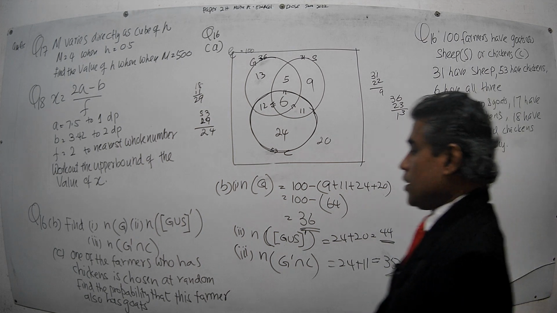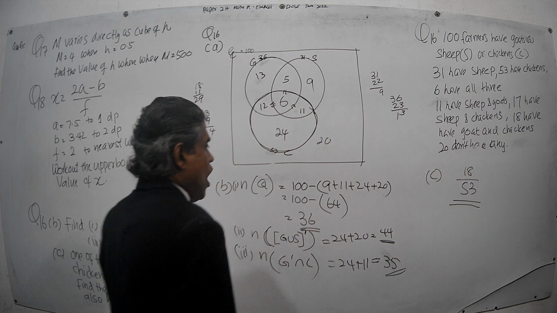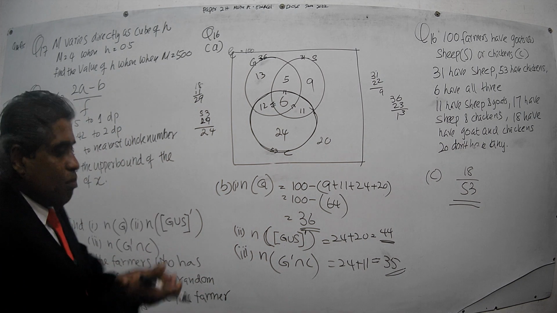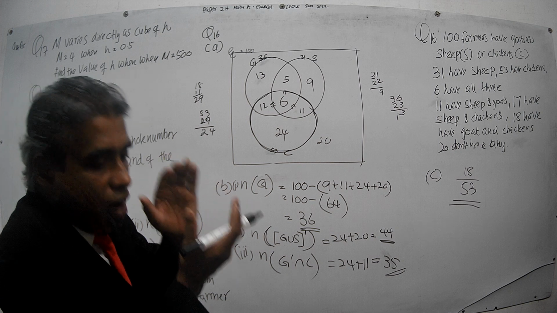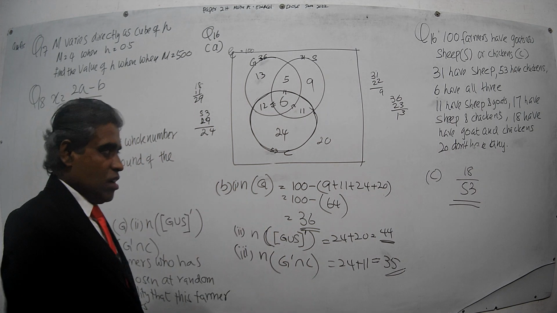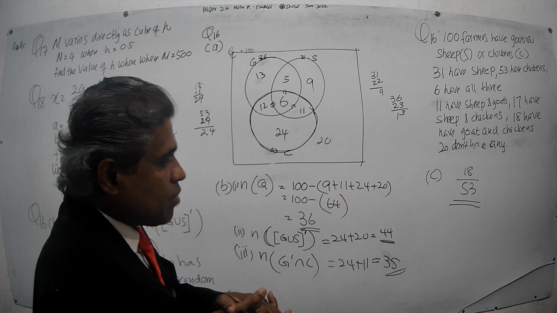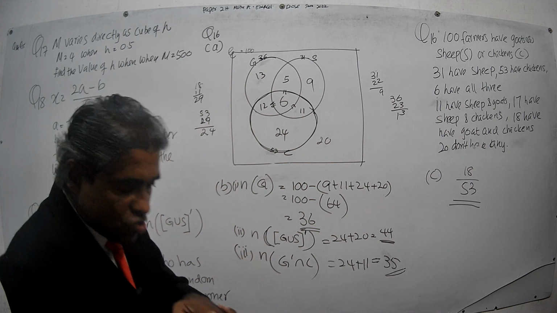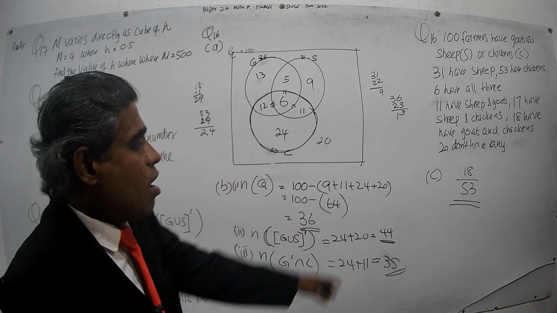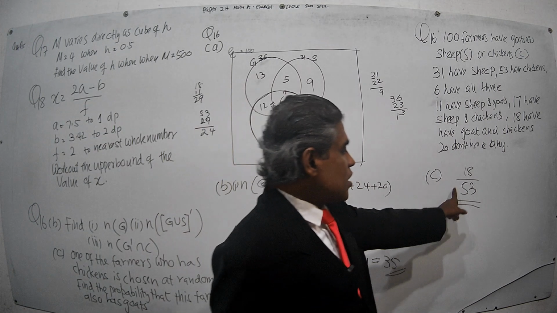You see, we ask how many farmers have goats from the farmers having chickens. Farmers having chickens is 53.